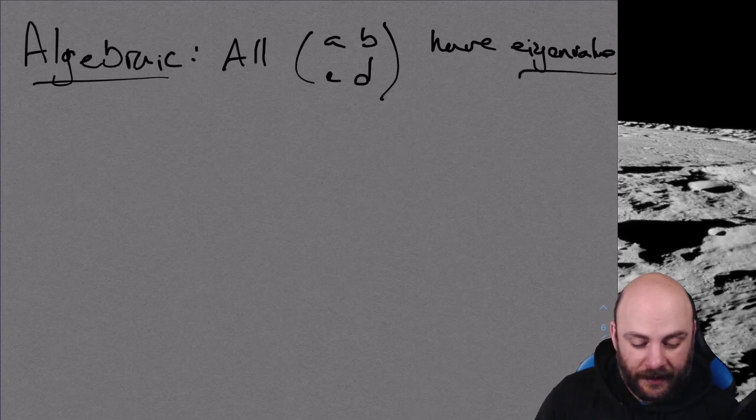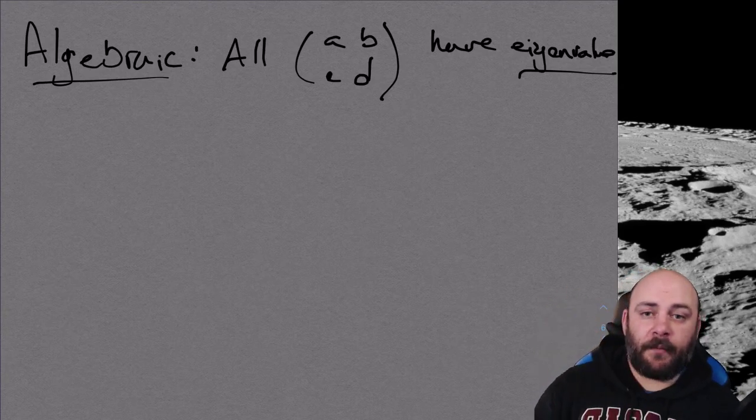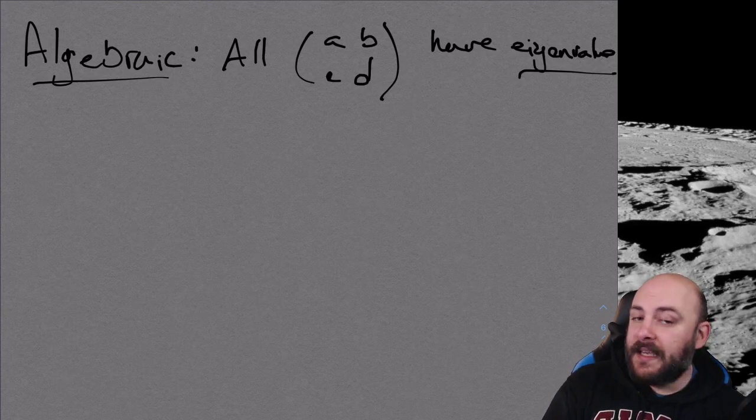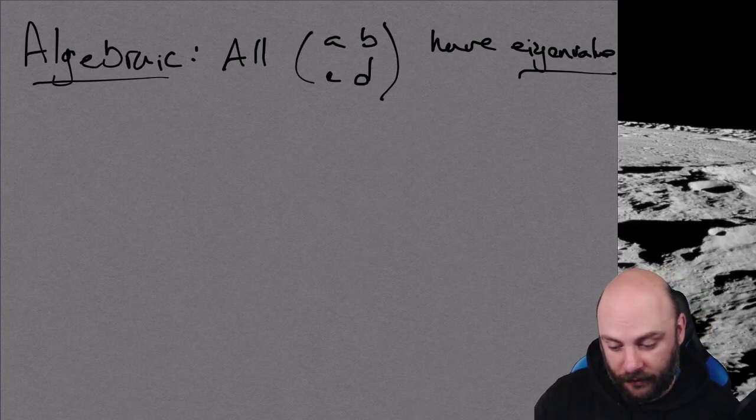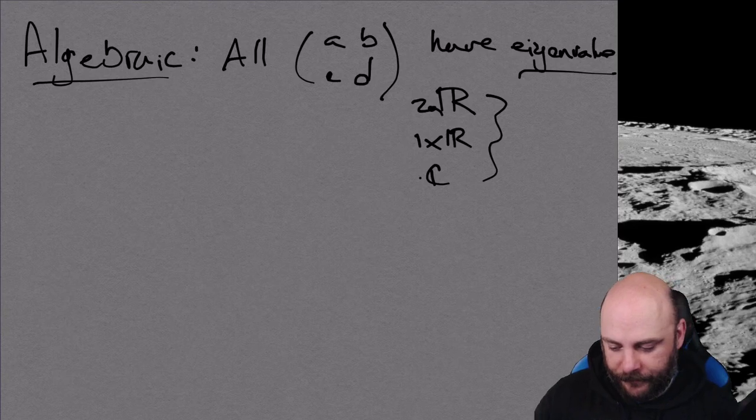Okay, if you don't know what an eigenvalue is, that's fine. If you do, keep that in mind. And when I say they all have eigenvalues, they can be real valued and distinct, they can be repeated real values, or they can be complex. And that's what allows us to say all of them, right? We might have 2 real, we might have 1 real, or they might be complex. And all of these are fine.